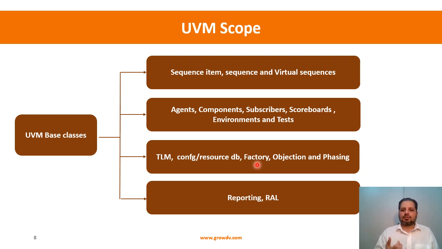Override is what allows the test to override various things so that it can configure the environment in the way that it wants. Objection is a mechanism to control the end of test, and phasing makes sure that you are ordering everything in a way that the test execution is well defined. You have utility classes, reporting, and RAL, which help you do it more efficiently. So this is the broad lay of the land for the UVM.